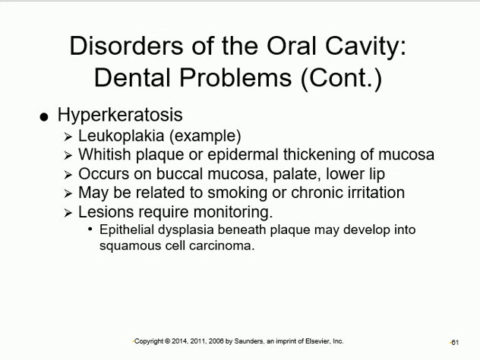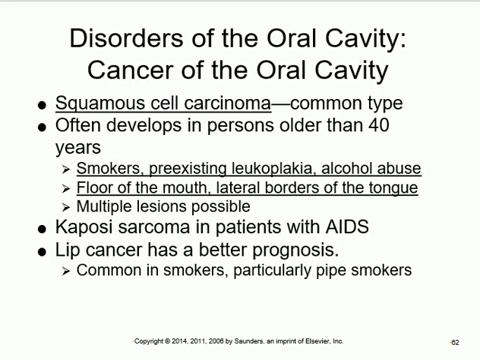Other problems: hyperkeratosis, just thick white patches on the mucous membrane. Different types of cancers. Squamous cell carcinoma. There are other types, but this is the most frequent one. Squamous cell carcinoma is more frequent if you are smoking.